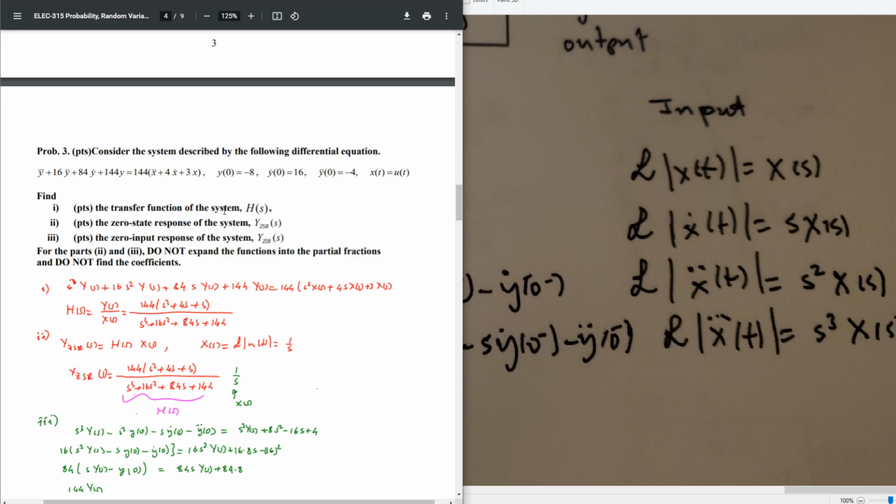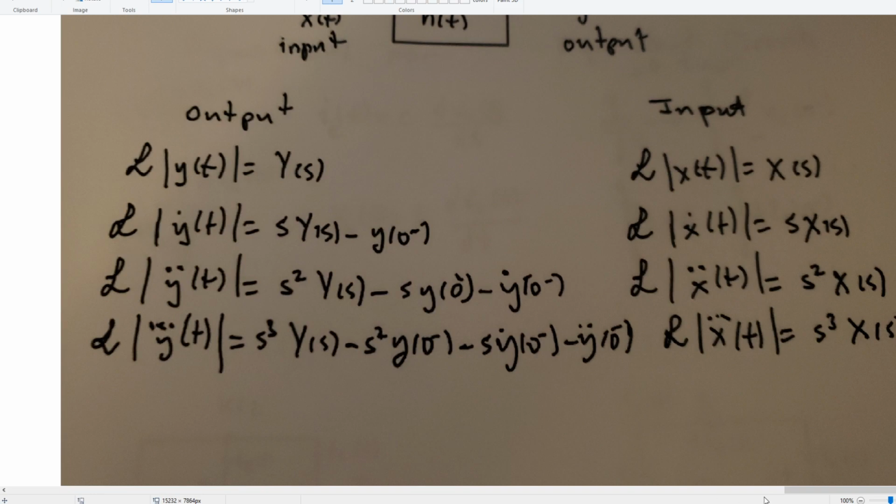So we're only considering all the Y(s)'s and all the X(s)'s. When we do the zero input response, that's when we're going to consider the y(0 minus). So just don't worry about that for now.